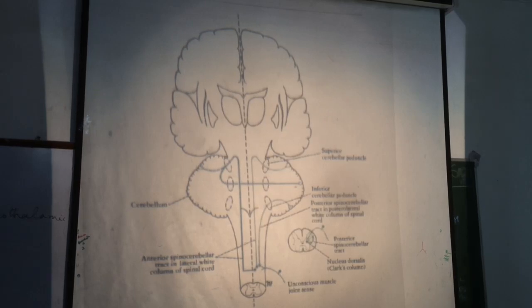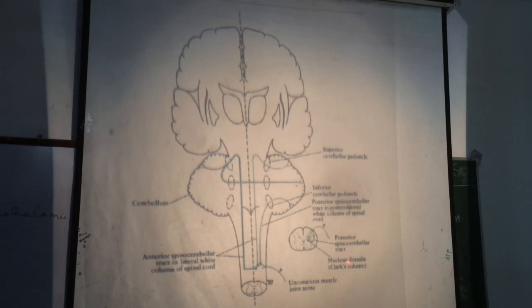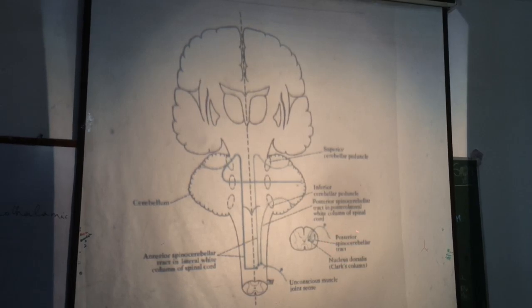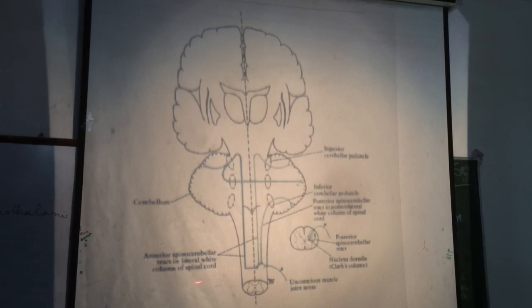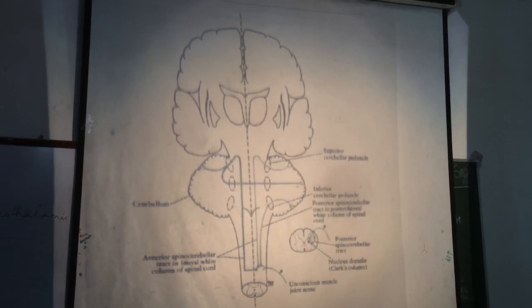There are two types of spinocerebellar tract: posterior spinocerebellar tract and anterior spinocerebellar tract. So first, about the posterior spinocerebellar tract.